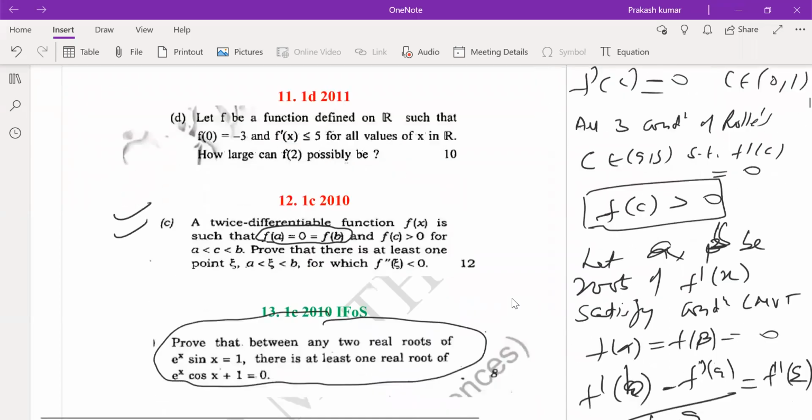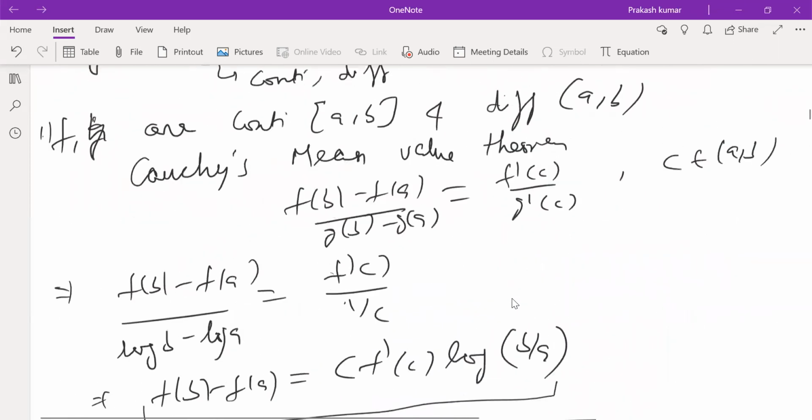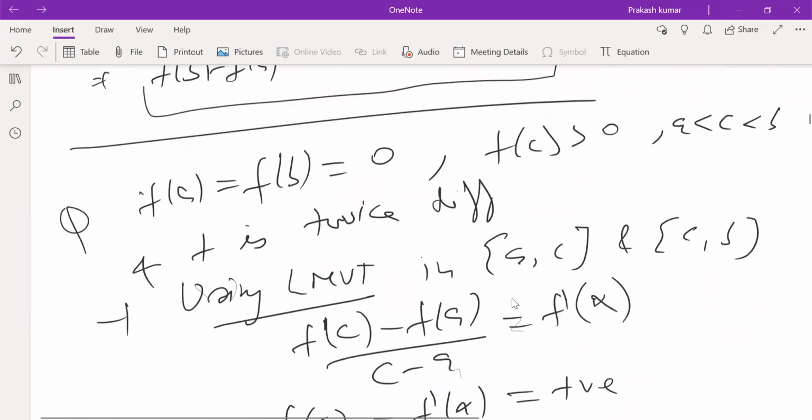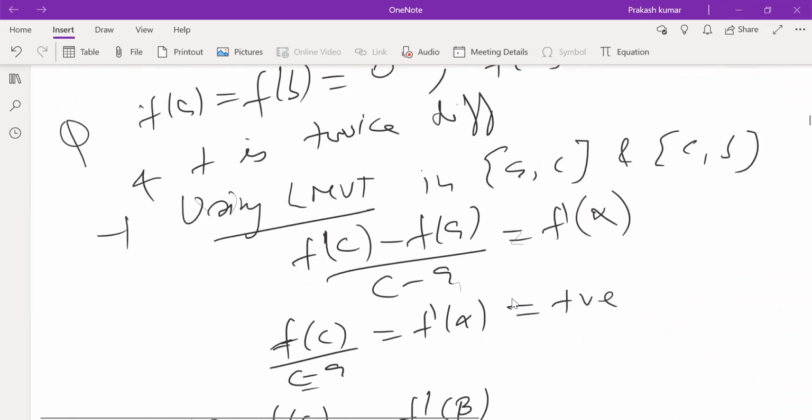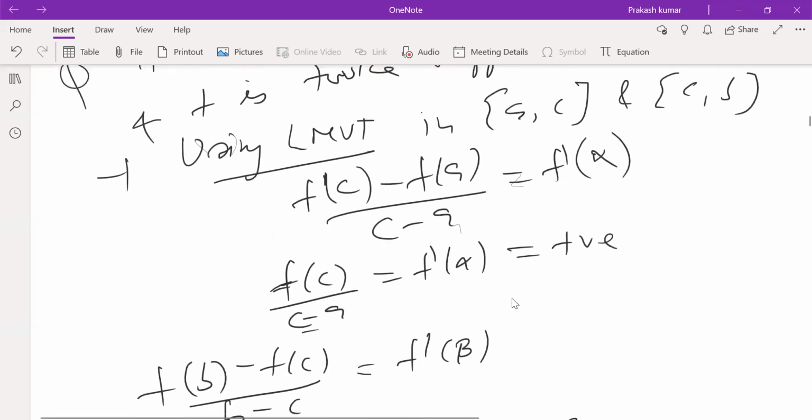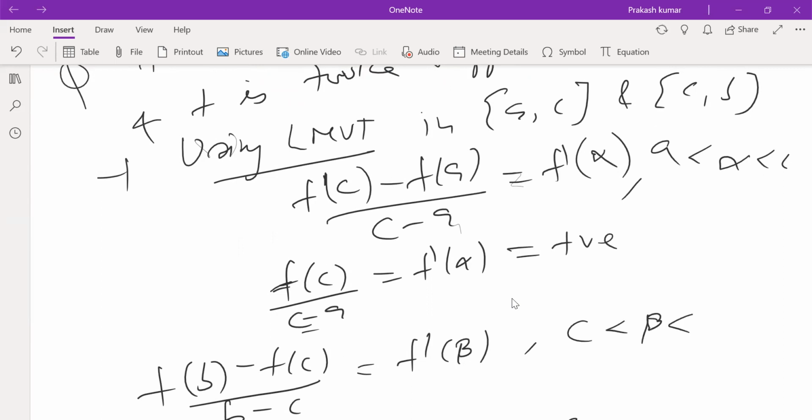So what we did is we used LMVT twice, that is using LMVT in two intervals, a to c and c to b. Here alpha should lie between a and c and beta should lie between c and b.